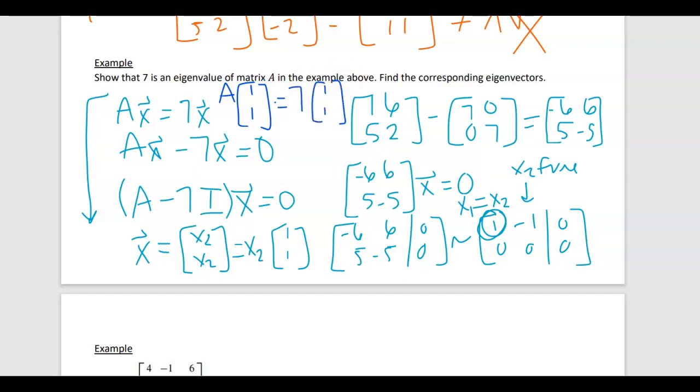So eigenvalue of 7, yes, and my eigenvector must be 1, 1. And so 1, 1 is an eigenvector of A, and the eigenvalue associated with that was 7.